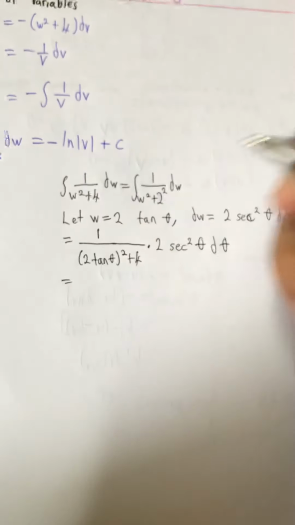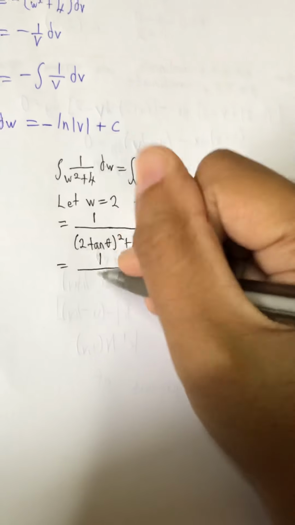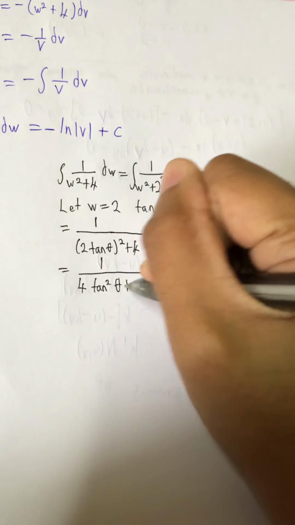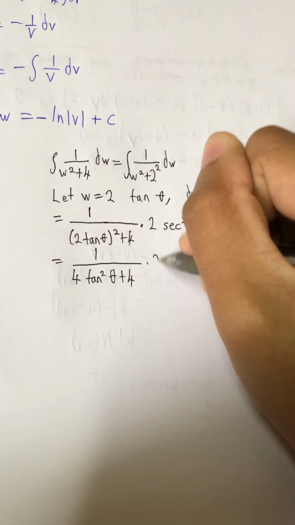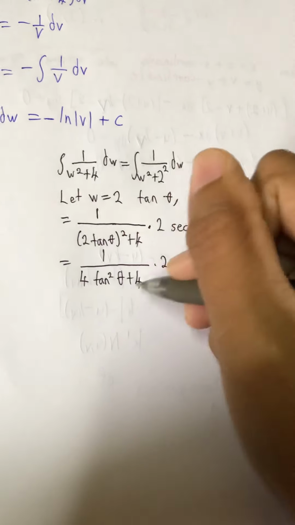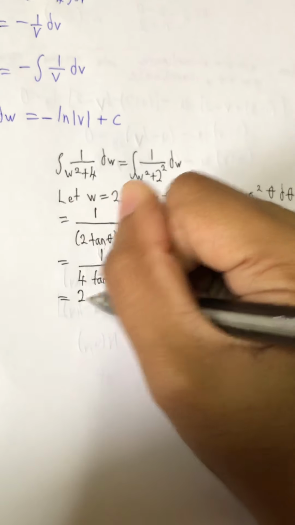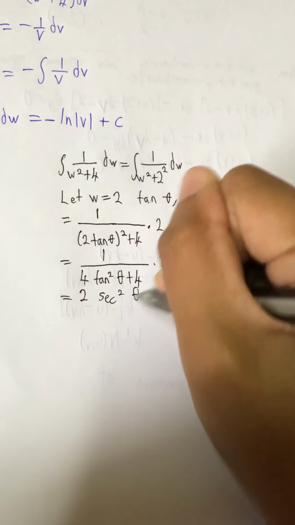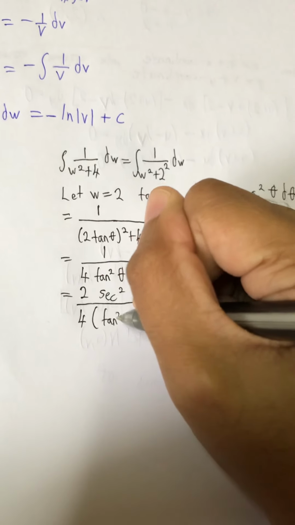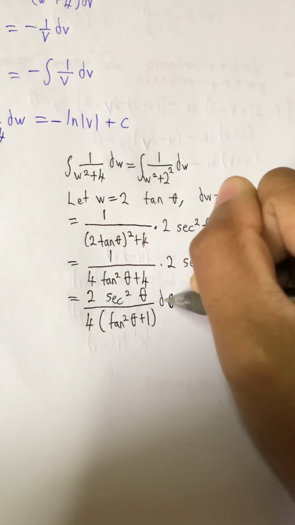So we simplify it, so it becomes 1 over (4 tangent square theta plus 4) times 2 secant square theta d theta, and then this 4 we can factor out, becoming 2 secant square theta over 4 (tangent square theta plus 1) d theta.